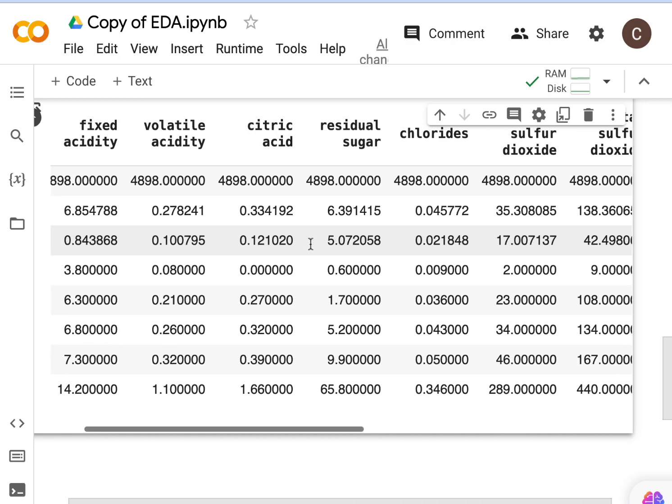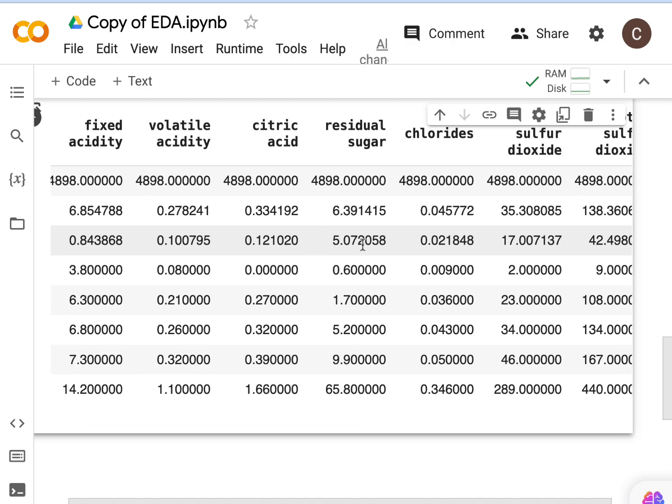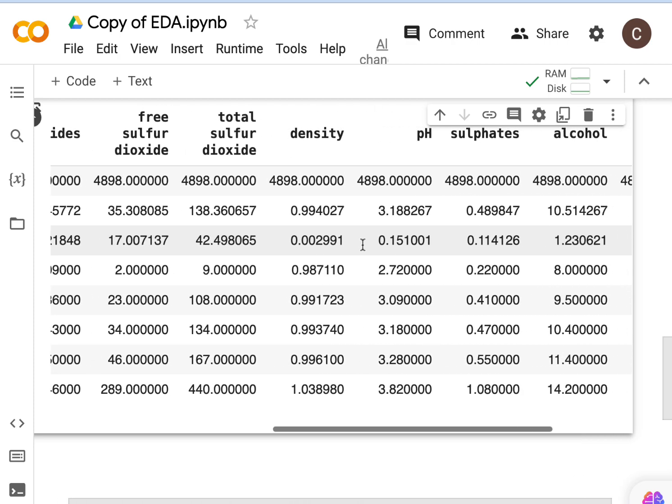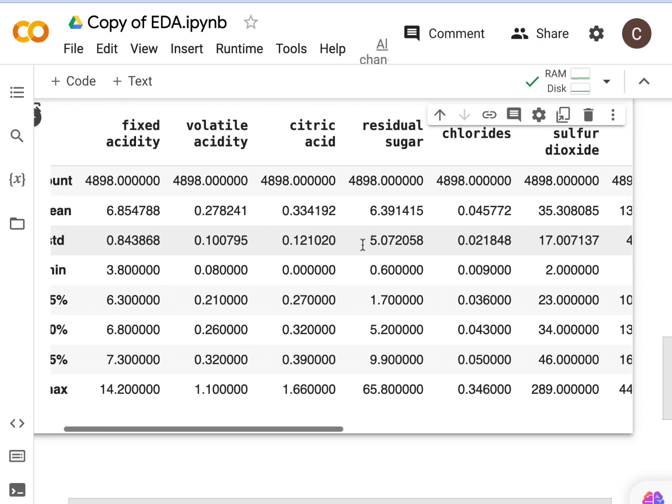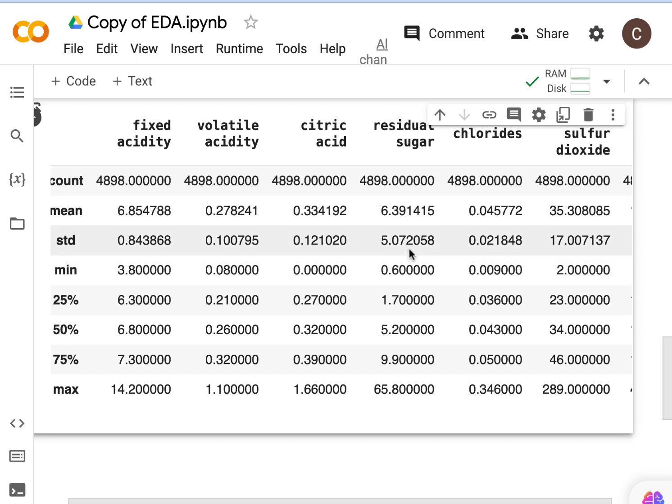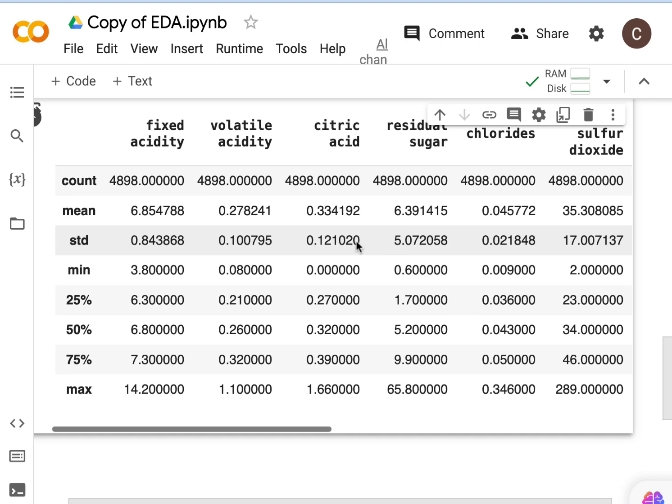Residual sugar, it's actually much bigger than half. So as we scroll across, that looks like it is going to be the largest proportionally. In other words, the distance from the mean on average for the values in this data set is larger for residual sugar than for the other quantitative values.